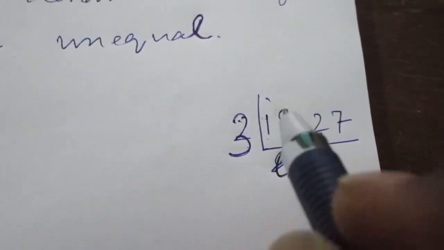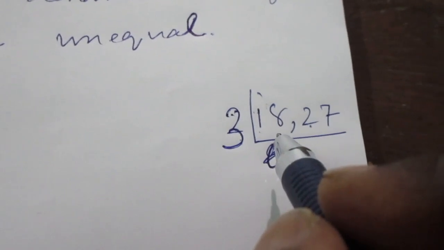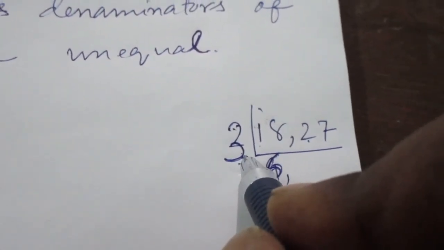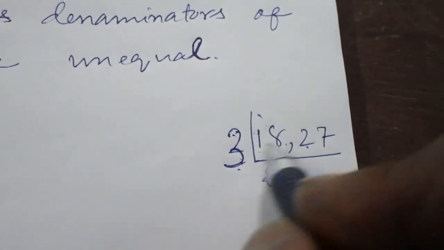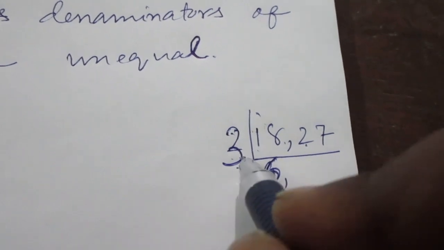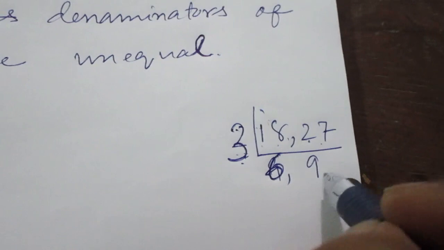In case of finding the LCM, whatever number we take should divide at least two numbers. So here 18 is divisible by 3 with 6. So 3 6s are 18 and 3 9s are 27. So I can write here 9.